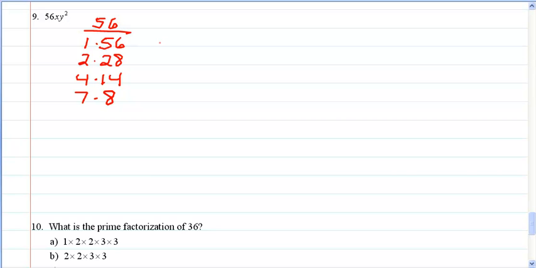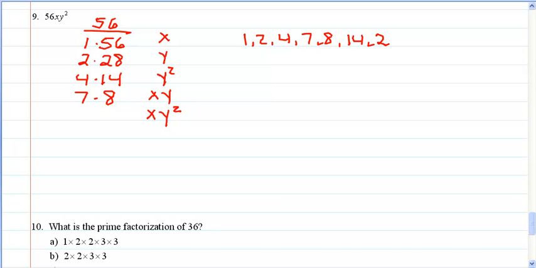So one possibility as a factor is x, another one is y, and another one is y squared. But then I also have a combination of x and y and a combination of x and y squared. So for this example, I start by listing the numbers 1, 2, 4, 7, 8, 14, 28, and 56.